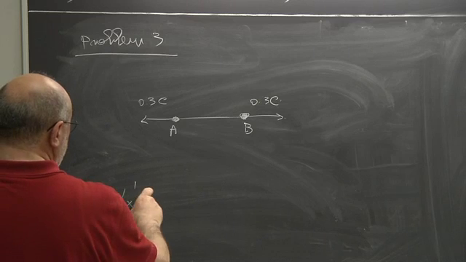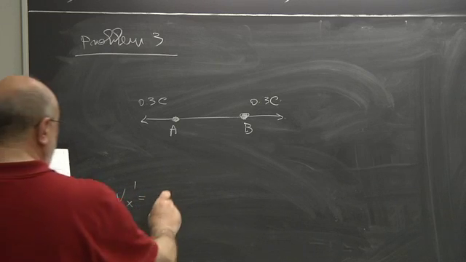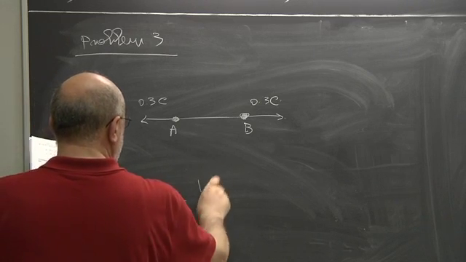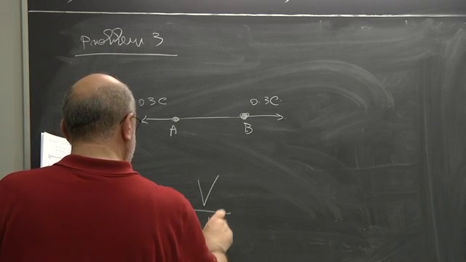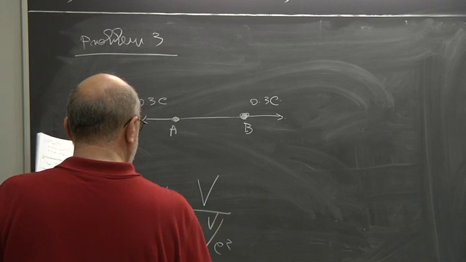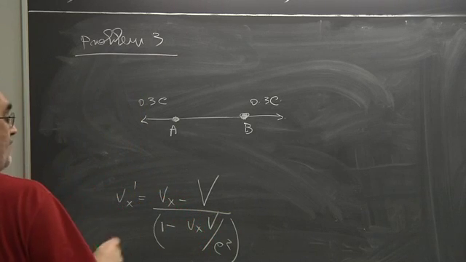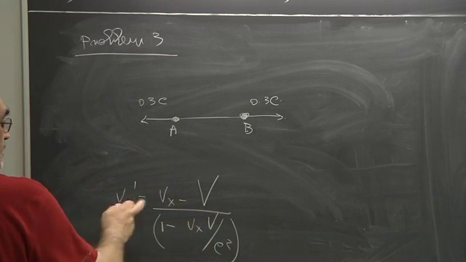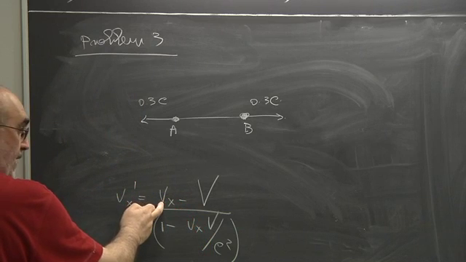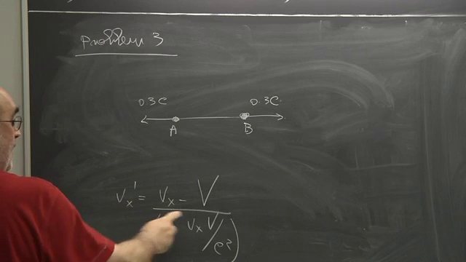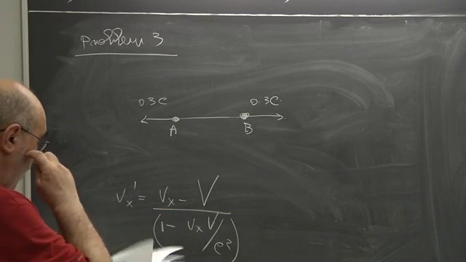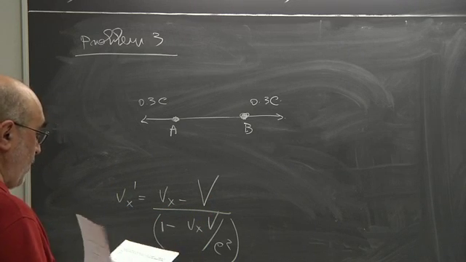If you remember, it was the following: Vx prime equals Vx minus V, over 1 minus Vx V over c squared, where Vx is the velocity in the old frame, and Vx prime is the velocity in the new frame. V is the velocity of the frame with which we move.